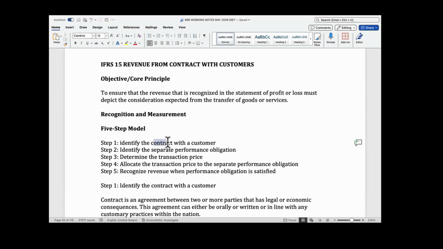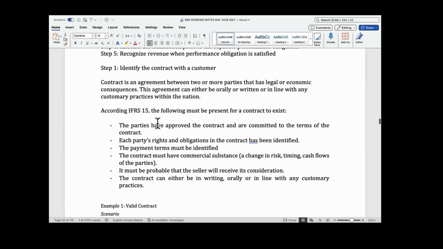We explained the criteria that must be met for a contract to qualify under IFRS 15. I gave you like 6 criteria, right? The parties must approve the contract. Each party's rights and obligations in the contract must have been identified.